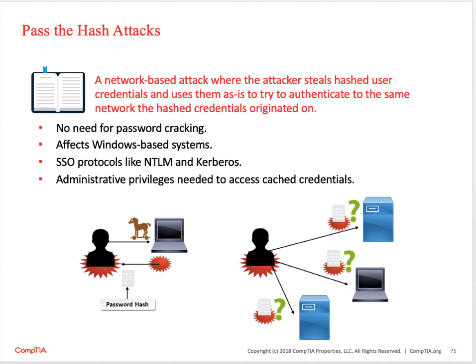Then hash passing tools push the hashes out to the network to establish a spoofed session. The hash is the key to establish a spoofed session later on. So we're using the hashed passwords rather than trying to break the password.